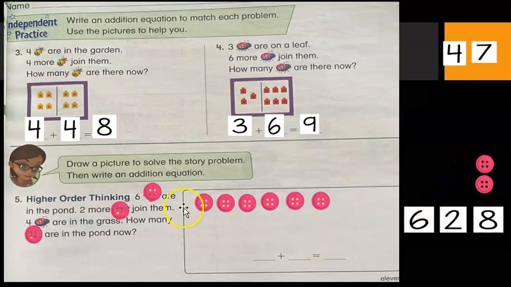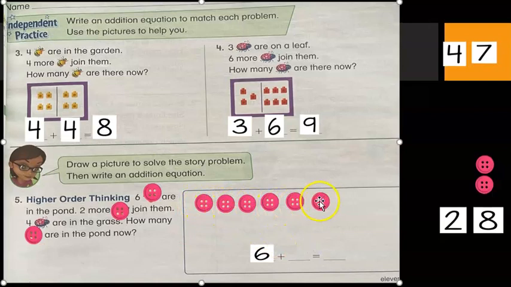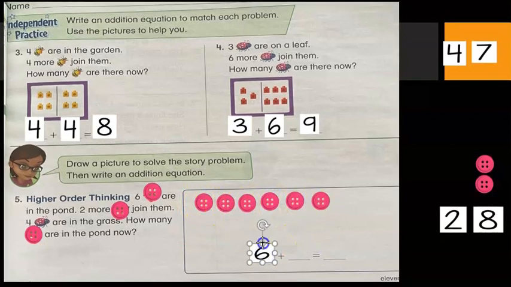Now, first graders, how many are right here now? 6. So Mr. Big A is going to have to get 6. I'm going to put it now up here up front because that is the number that represents these pink buttons up here, okay? It's going to be 6.